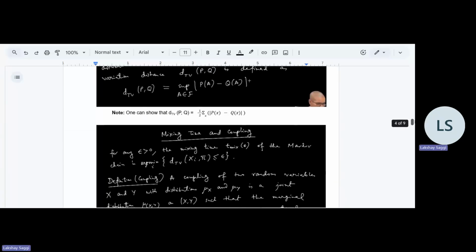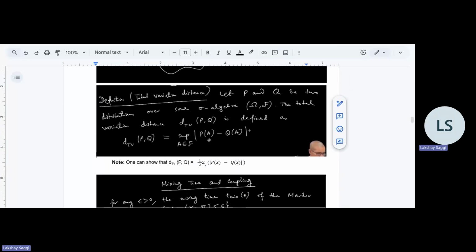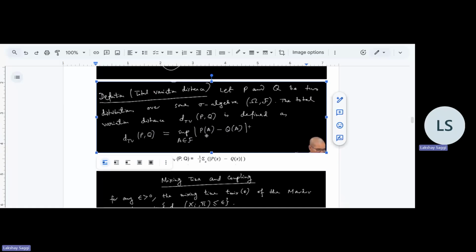One can think of it as the supremum over all possible A's of the absolute value of P of A minus Q of A. It's also equivalent to another quantity, but I guess this one suffices. So total variation distance is just the supremum over all these probabilities.